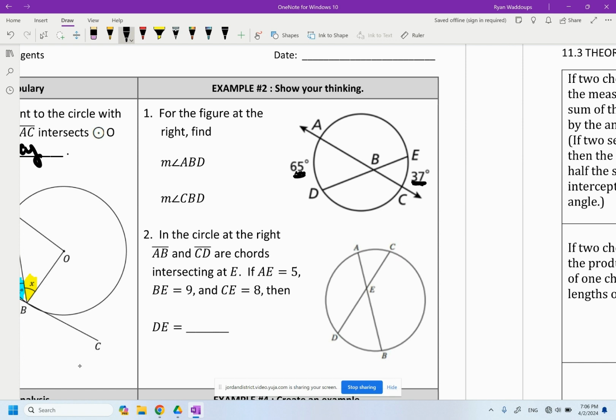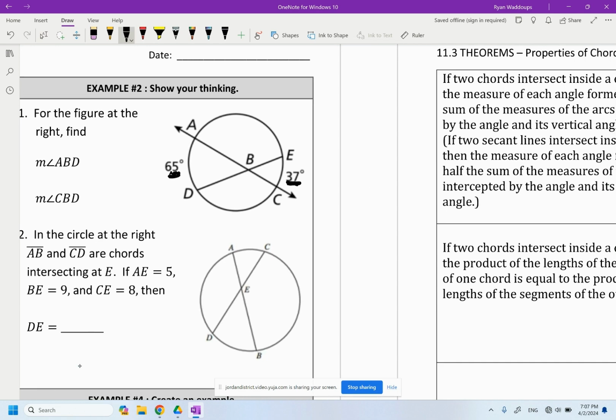What we do know is that because these are intersecting chords, if we add this 65 degrees and this 37 degrees together, and then divide them by 2, it will give us the measure of either angle ABD or EBC, which are the same.